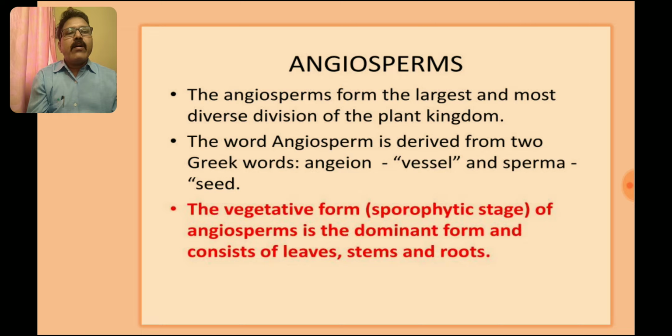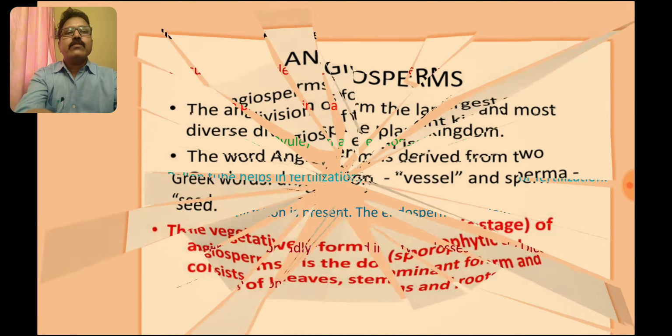The word angiosperm is derived from two Greek words: angion means vessel or enclosed, and sperma means seeds. The vegetative form is the sporophytic stage of the angiosperm, which is the dominant form, consisting of the stem, leaves and roots. These are the three main important portions of the plant.